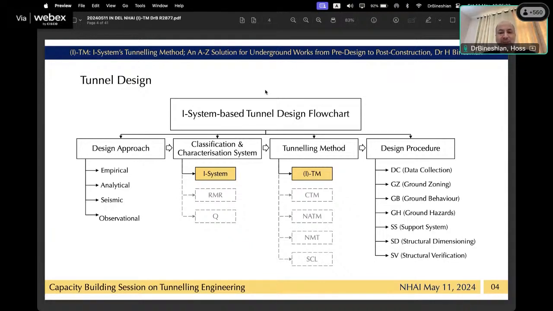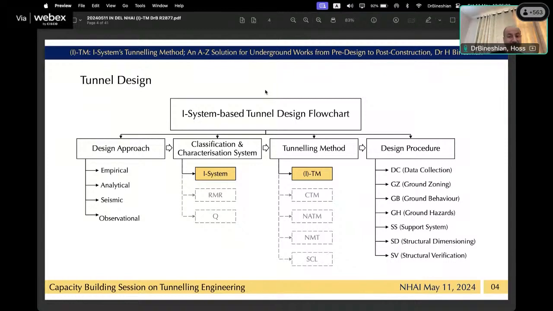The I-System-based tunnel design flowchart is what you see in this slide. It contains 4 main stages. Design approach, which includes the empirical, analytical, seismic, and observational parts. Classification and characterization systems, which include I-System, or you may like to use other systems, including RMR or Q. And then you need to have a tunneling method.